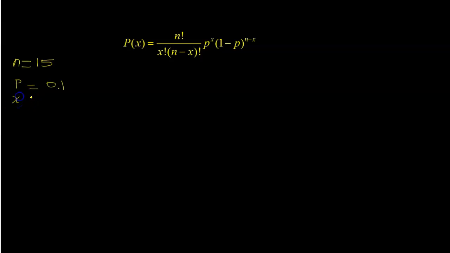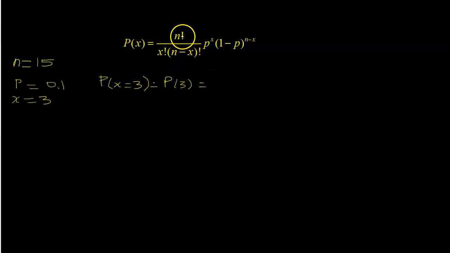And in the problem, we want to know what's the probability that x is equal to 3. So if I plug these numbers into this formula and see how this would work if I was doing this out by hand, I'm looking for the probability x is equal to 3. And mathematically, a lot of times we simply write that as p of 3.